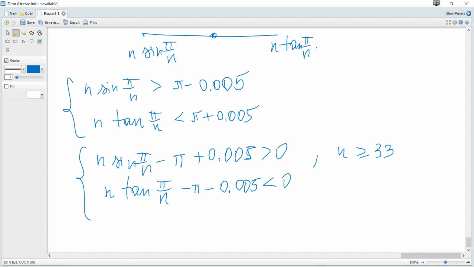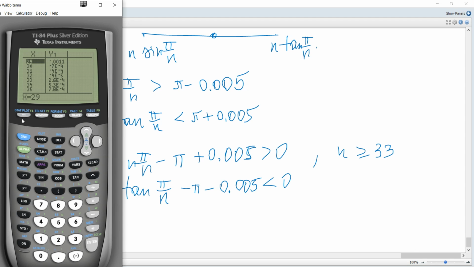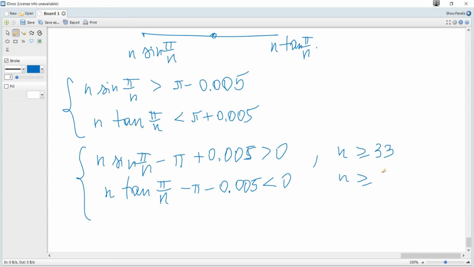And let's consider the second. So it's n tangent of pi over n minus pi minus 0.005, and again just consider the table, and we need the first negative value, and we can see that n is greater than or equal to 46.